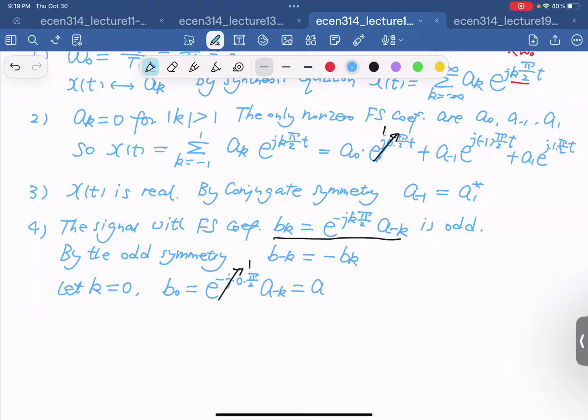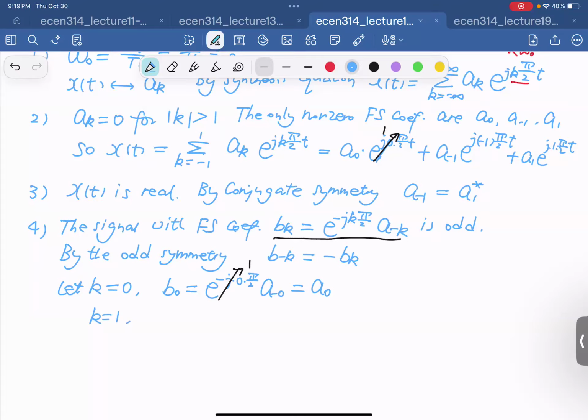Excuse me, that k is now 0. A sub minus k is a sub minus 0, which is a0. Okay? b0 and a0 are the same. Good. What if k equals 1?